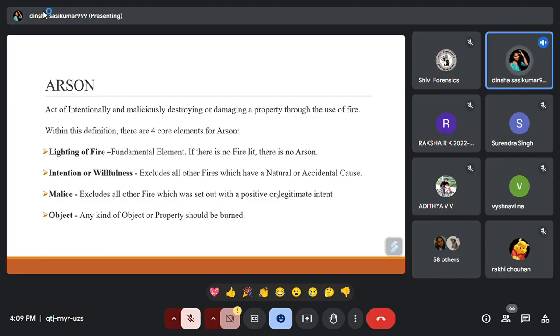And the fourth point is object. There should be burning of any kind of property or object. So these are the four core elements of arson: lighting of fire, then intention or willfulness, third one, malice, and object. For a fire scene to be considered as arson, these four elements should be there.